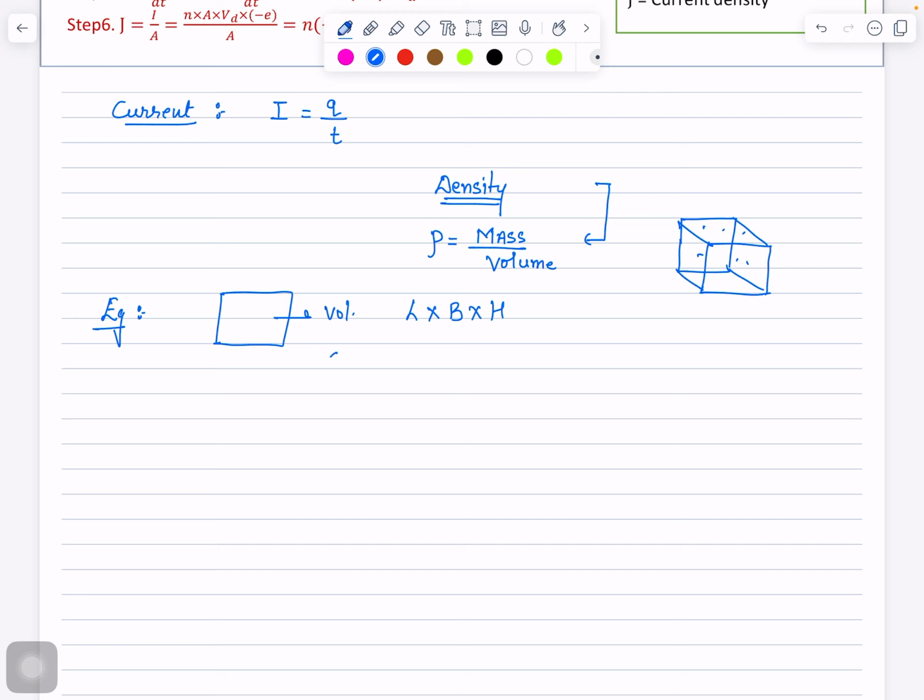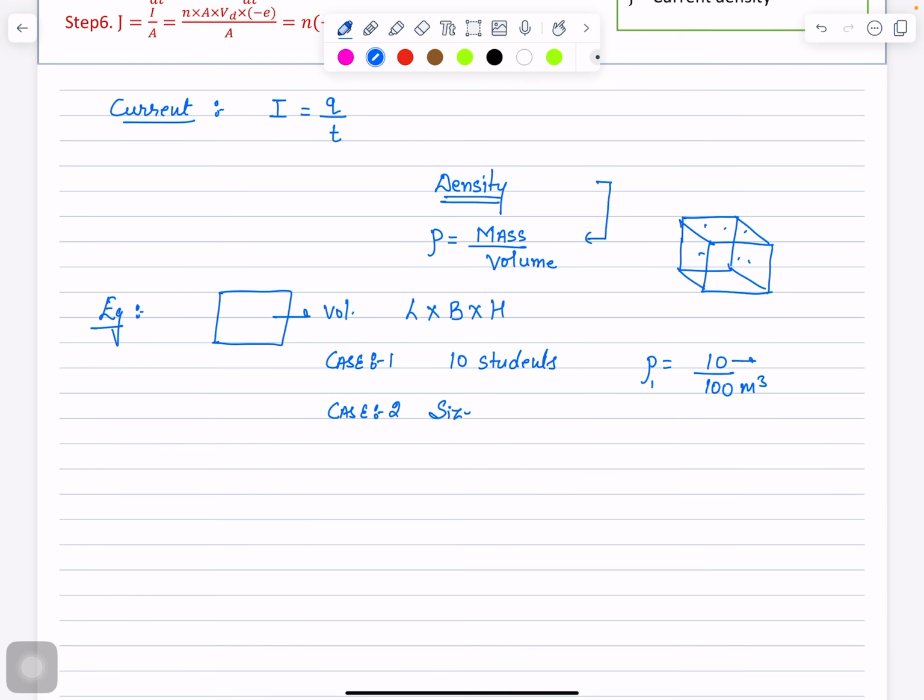But let's say in case 1, you have 10 students in the class. So can I say the density is equal to 10 students? Let's say the volume is 100 meter cube and the number of students is 10. Fine, this is your density 1. Now in case 2, if I increase the number of students, the size of the class remains the same.